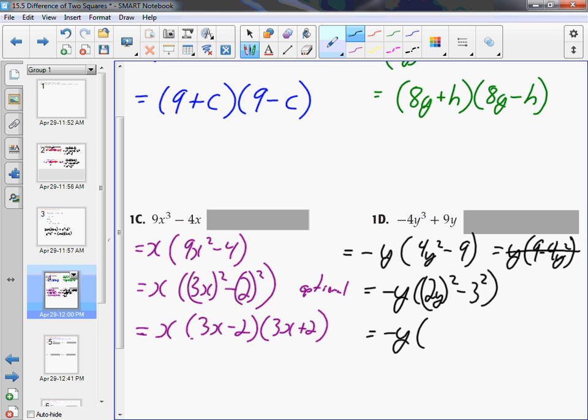A is 2y, B is 3, A is 2y, B is 3, and what signs did I leave out that I need to put in? Opposites. Put a positive in one of them and negative in the other one. You think you got it? Any questions so far?